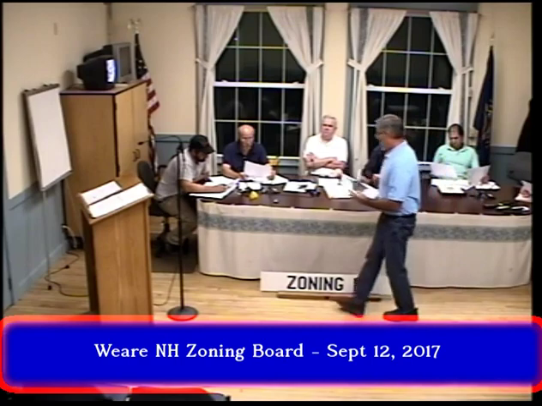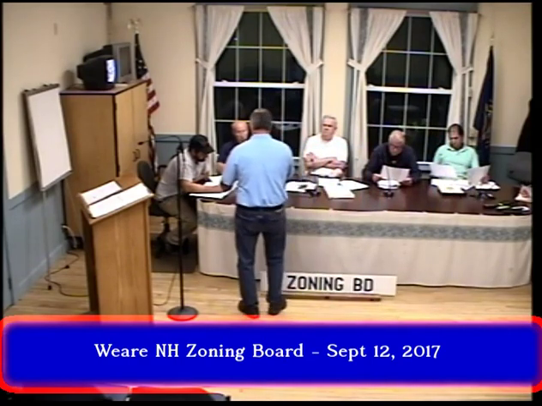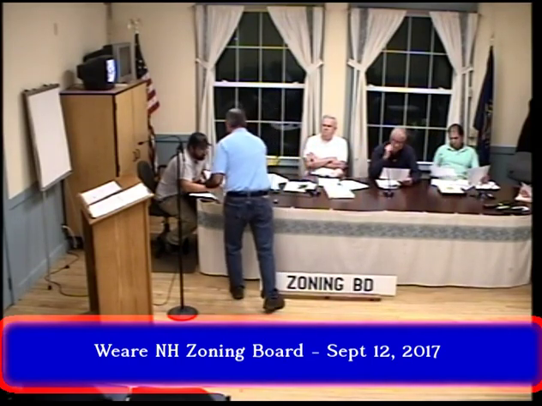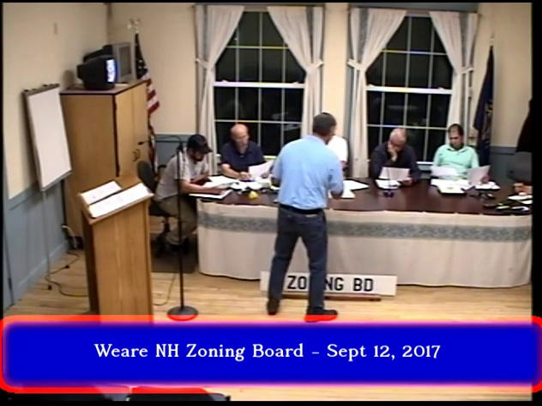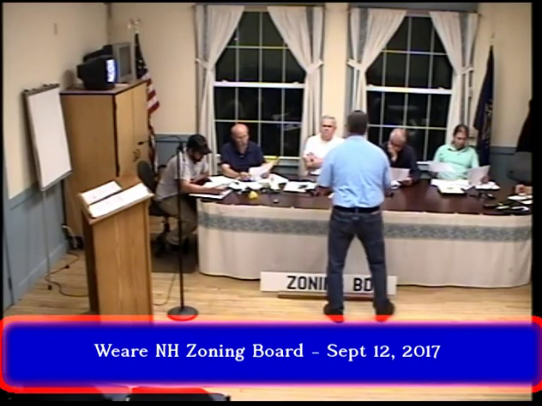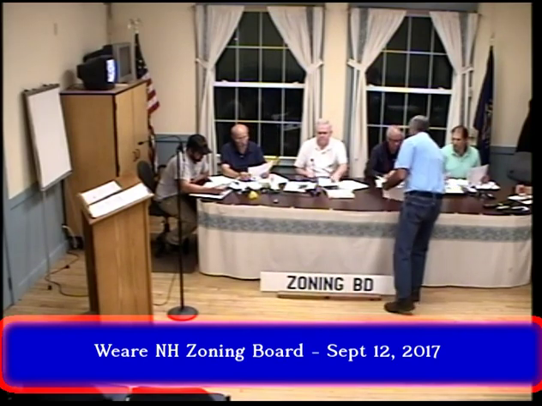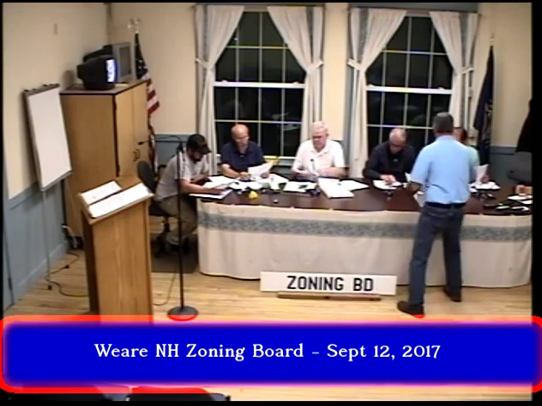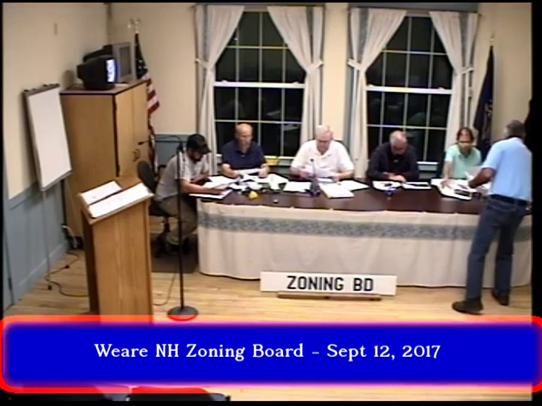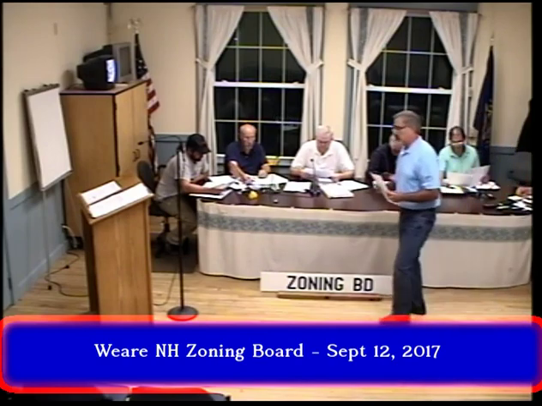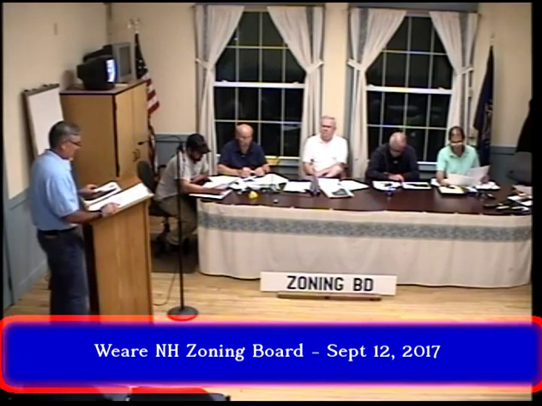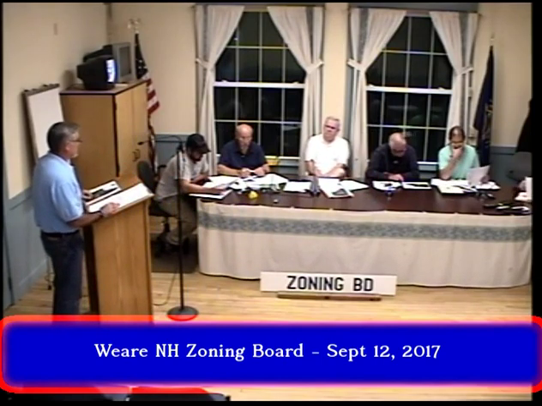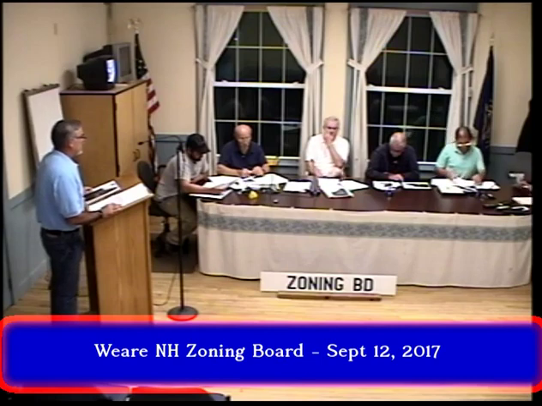This is what was existing at the property. The small platform and stairs just deteriorated to the point where it wasn't safe. So now I'm requesting the variance to add a 10-foot deck out from the back of the house and 16 feet long across the back.